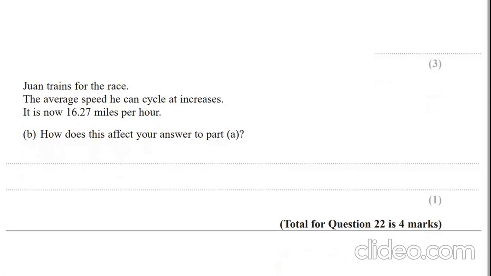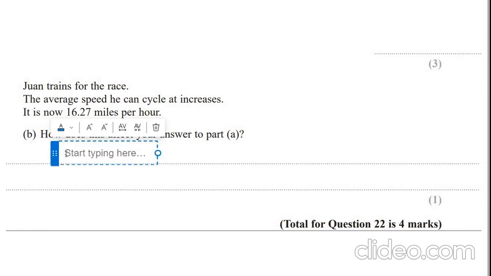Now, if his average speed has increased to 16.27 miles per hour, how does this affect the answer in part A? Well, if his speed has increased, he is obviously going to take less number of days to complete the race.